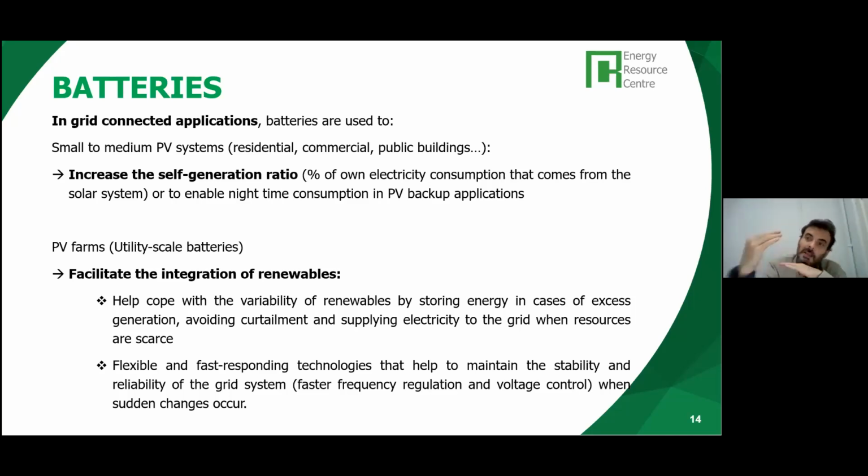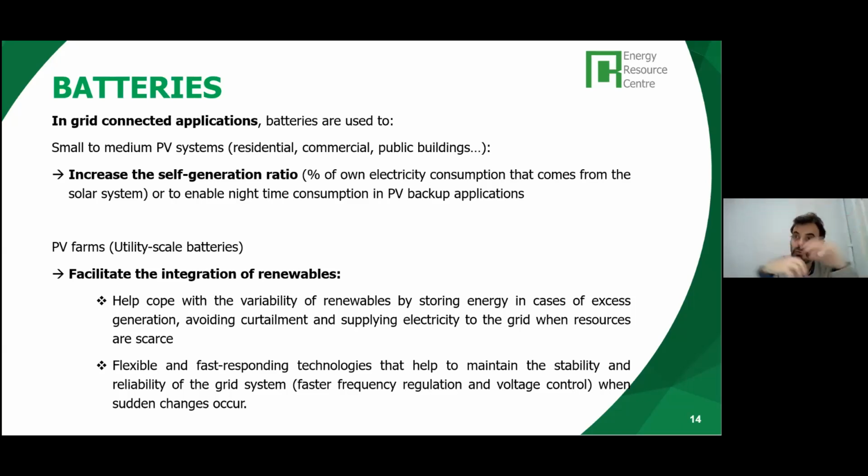Batteries are flexible, fast responding elements that help to stabilize and guarantee the reliability of the grid. They are used in strategies for frequency regulation and voltage control, especially when there are sudden changes. Imagine a PV farm under a cloud.